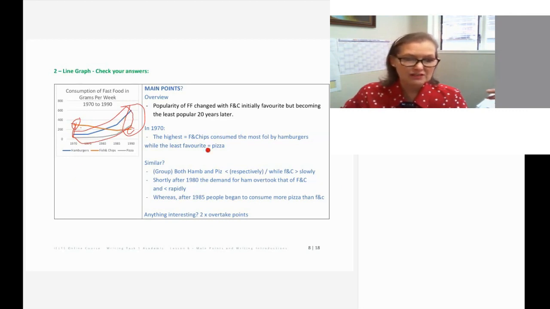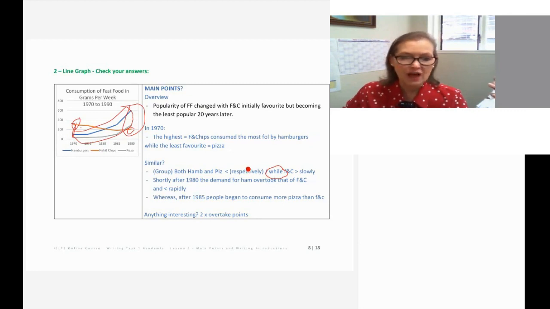So we would mention our figures at the beginning and our figures at the end, respectively. While, and here we're looking at our contrasting word, which joins two sentences and also gives me a more complex structure. So we are looking to include some complex structures in our writing.